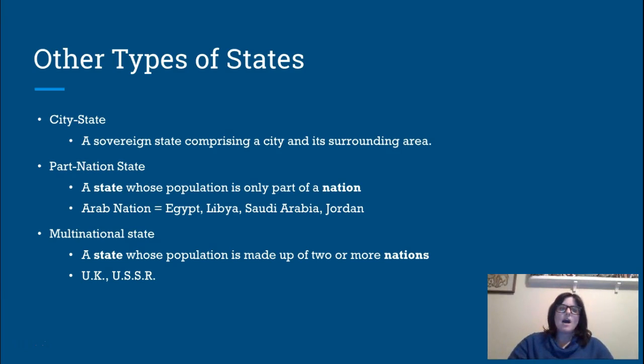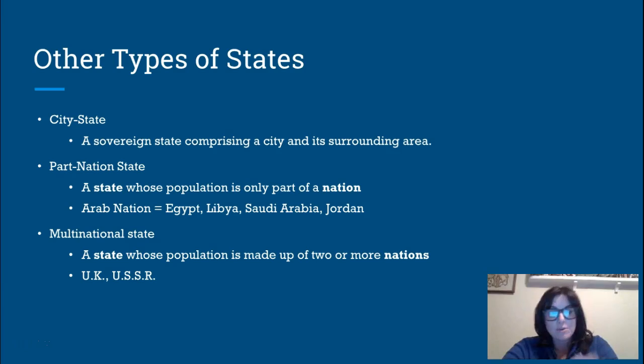A multinational state is a state whose population is made up of two or more nations. This is going to get really confusing. But basically, the UK has British people, if you want to call Britain a nation, but technically the UK also includes Ireland and Scotland. So it's multinational.